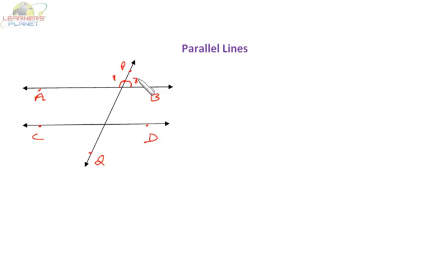Suppose this is 1, this is 2, this is 3, this is 4, this is 5, 6, 7 and 8. We consider the points of intersection as M and N. Now we have already discussed which types of angles will be formed. Now we will be taking the special case of parallel lines.